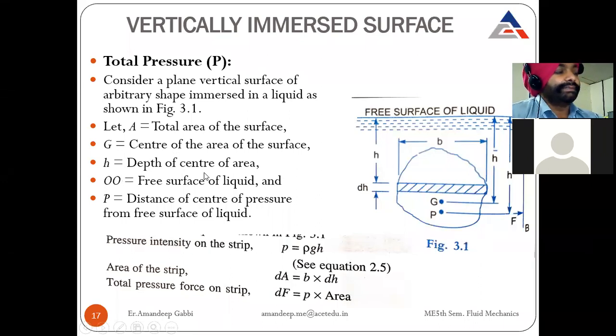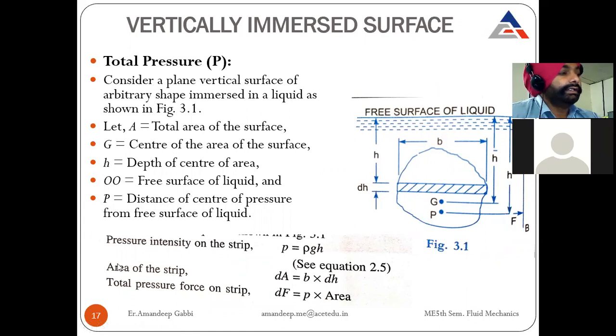And H bar is the depth of the center of area. Then OO is the free surface of the liquid. H star is the distance of the center of pressure from the free surface of the liquid. In this article, we are going to calculate H star.